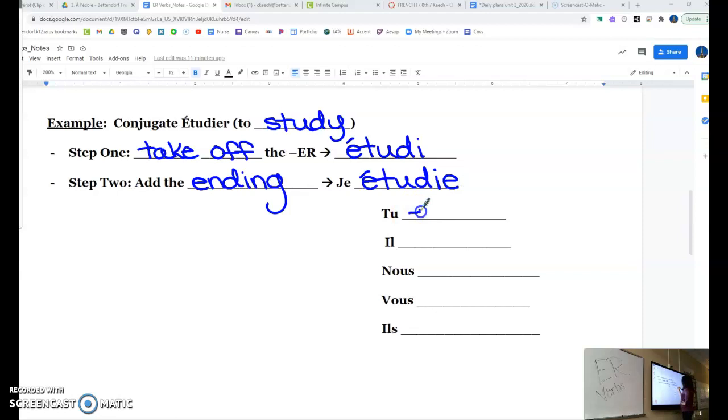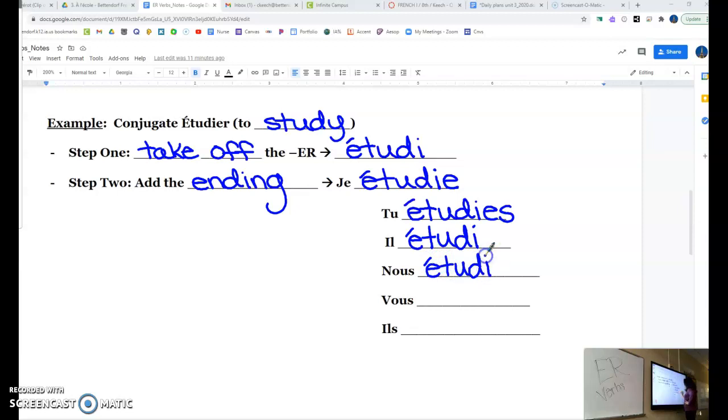We're going to do the same thing for everybody else. To say you study, here's my verb stem, my ending is ES. For he studies, here's my verb stem. Actually, we could just write the verb stem because it's the same for all of them.